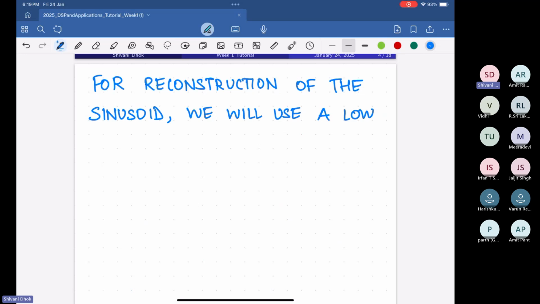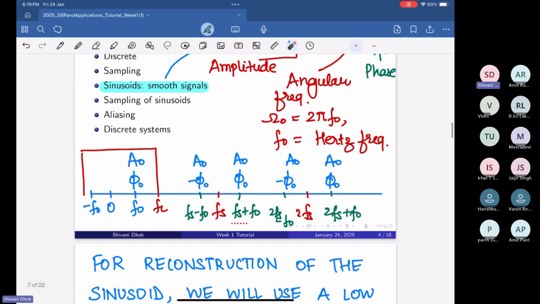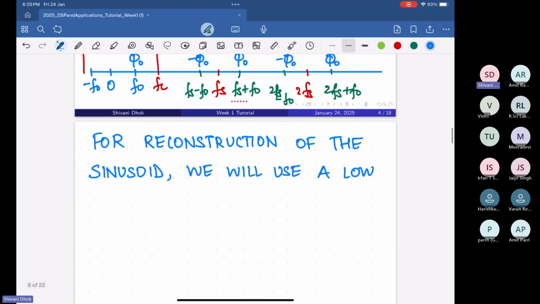We will look at what filters are in the coming lectures. Just assume that it is some system that just allows us to retain this particular frequency component and ignore everything else.